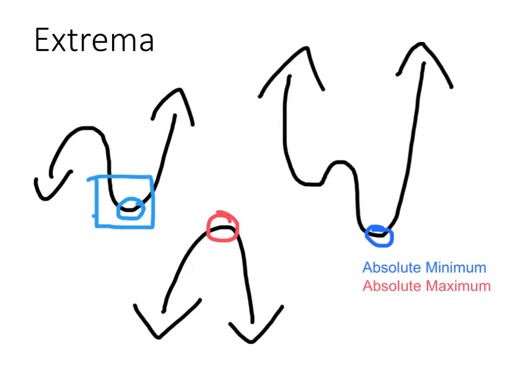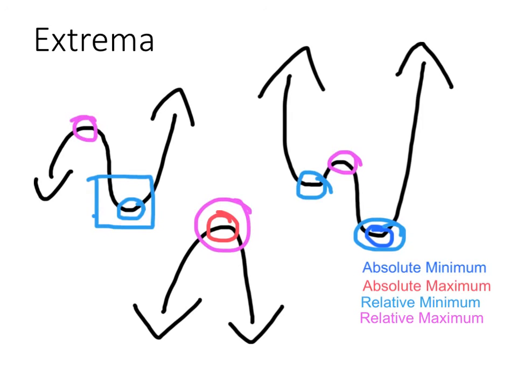It's the lowest value in that local region. It's also where the graph turns around. You'll notice on the left side the function is decreasing, and on the right side the function is increasing. So highlighted in light blue are all the relative minimums, and highlighted in pink are all of the relative maximums.